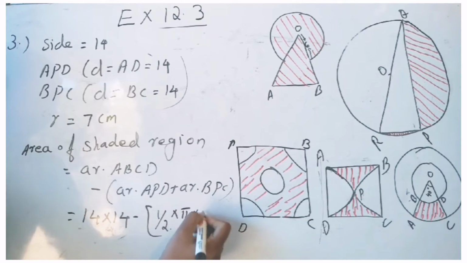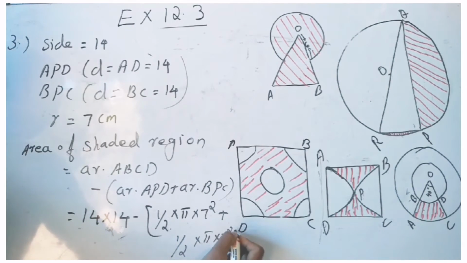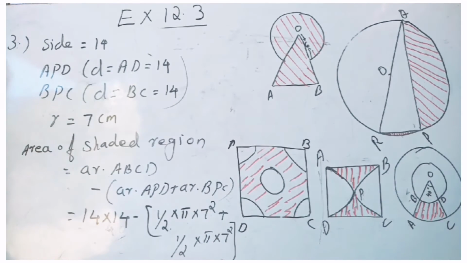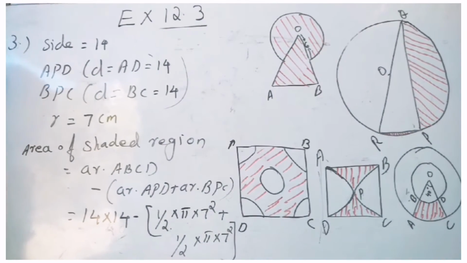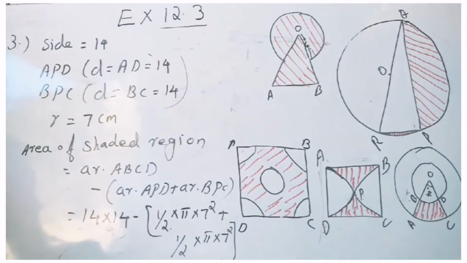So half into pi into 7 square plus, again we have a semicircle with a radius 7, half into pi into 7 square. Or you can consider these two semicircles as a circle with a radius 7 centimeter.